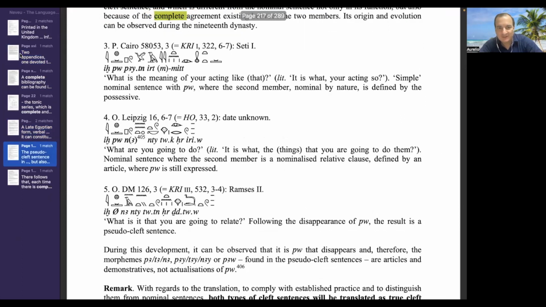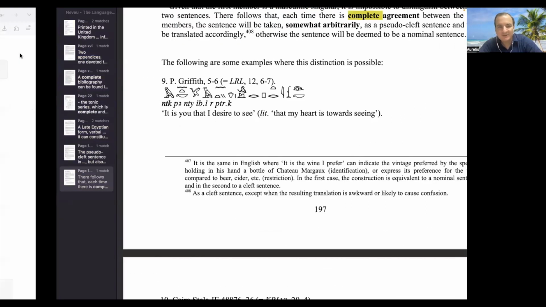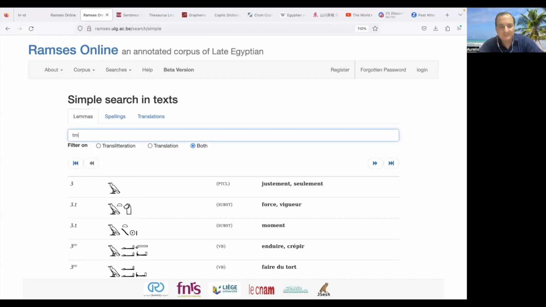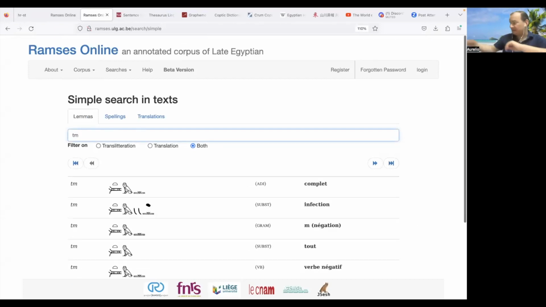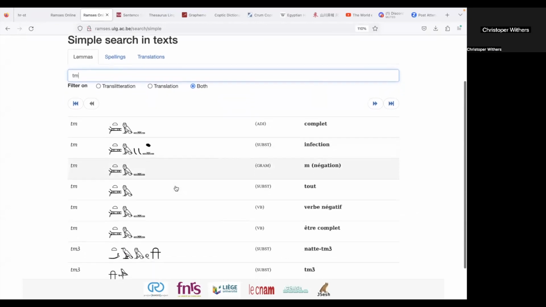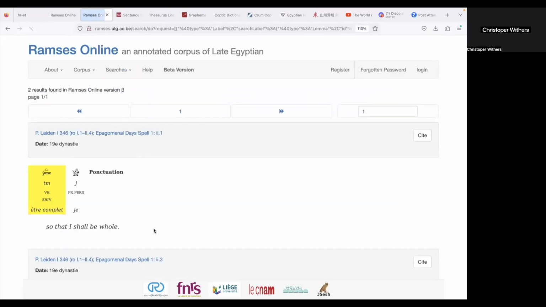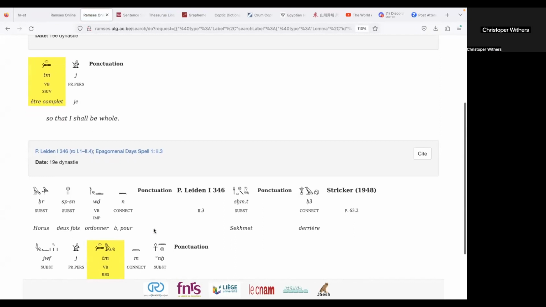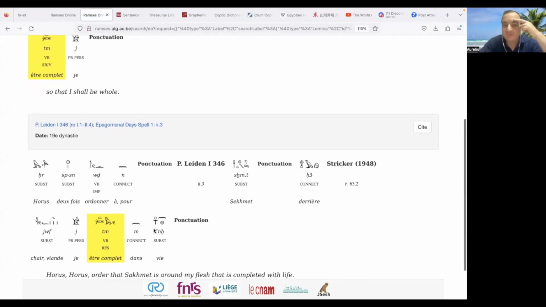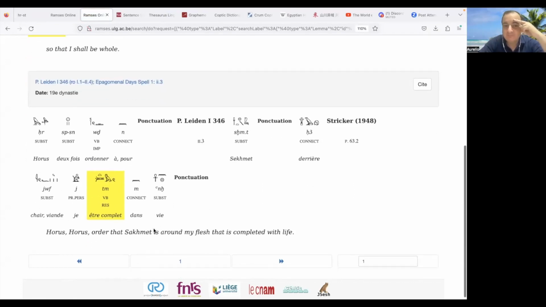Well, this is all complete in English. That didn't help. Complete. I think in Middle Egyptian, when you want to say complete as a verb, they normally just use tem. If you're reading things about mathematics, I think the word tem is used to mean just complete or finished.